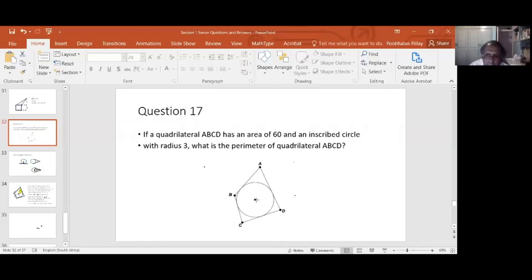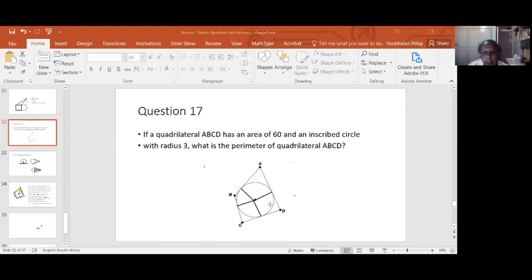So I'm going to join the center to that. Now we know that's perpendicular, and here too. So I'm joining this to the points of contact.